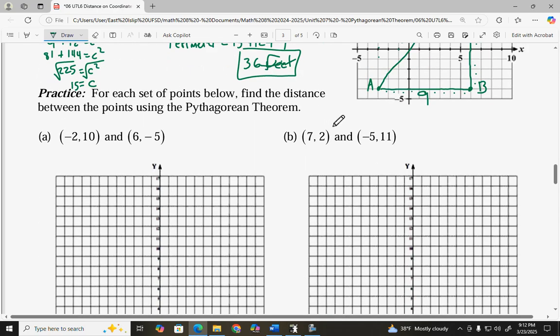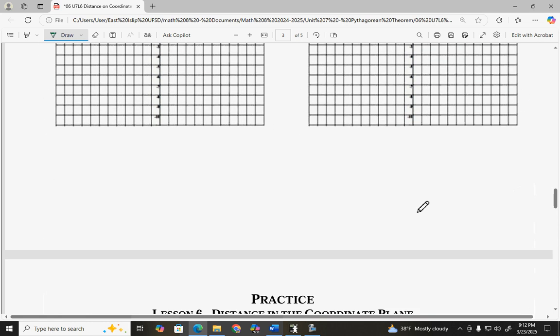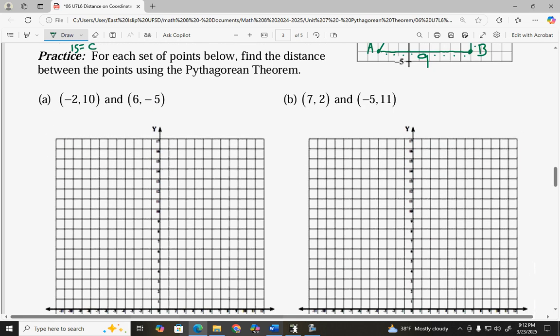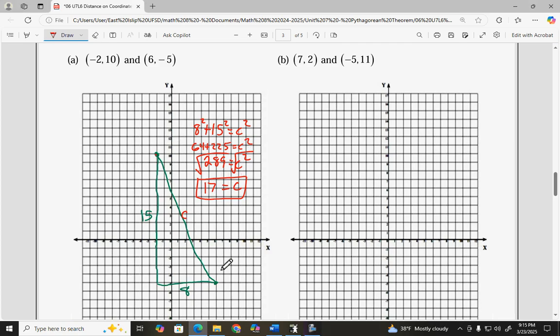All right, some practice. Why don't you try these two, and then you can check your answers with me. So letter A, you could see I plotted my points. I counted that the legs would be 8 and 15.